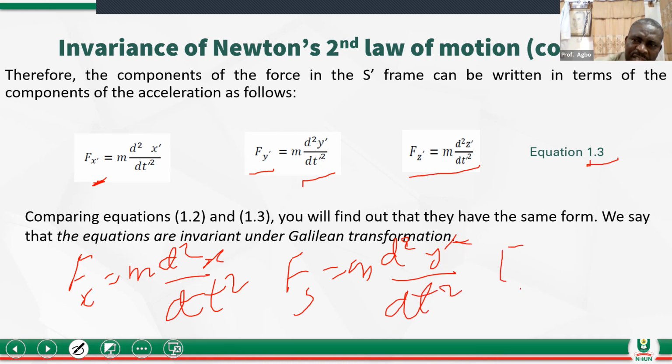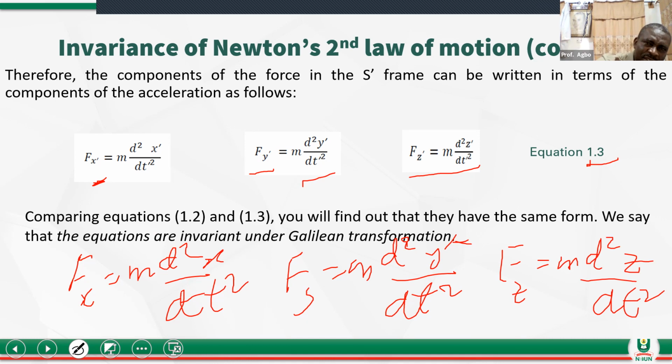F of z is going to be m d squared z all over dt squared. So if you look at this and this, they are the same. Look at this and this, they are the same. Because they are the same, they have the same form.